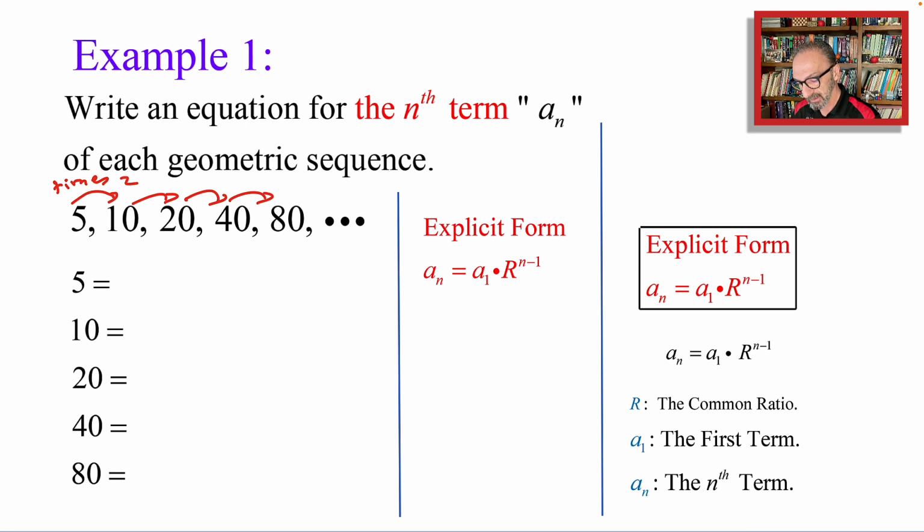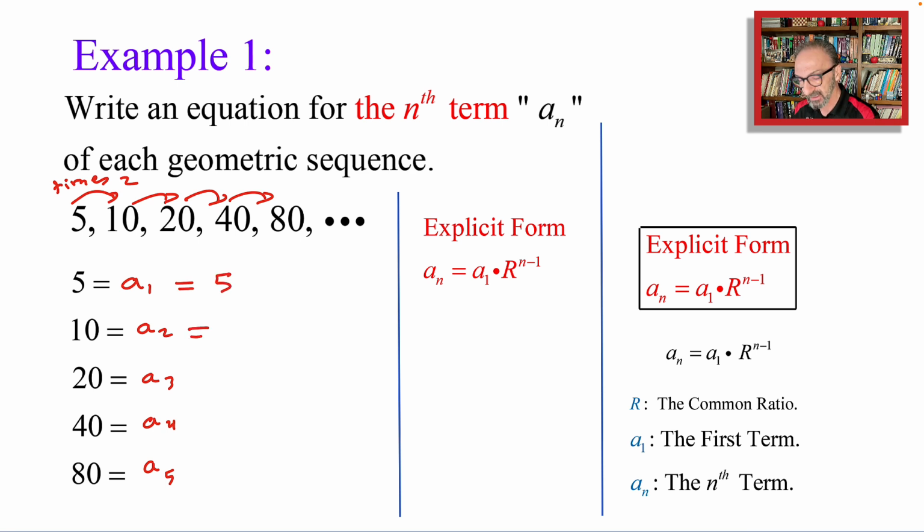So R is 2. To make it more clear, I have a sub 1, which is 5, a sub 2, which is 10, a sub 3, which is 20, a sub 4, 40, and a sub 5, or the fifth term, is 80. But what is A1? A1 is just 5.